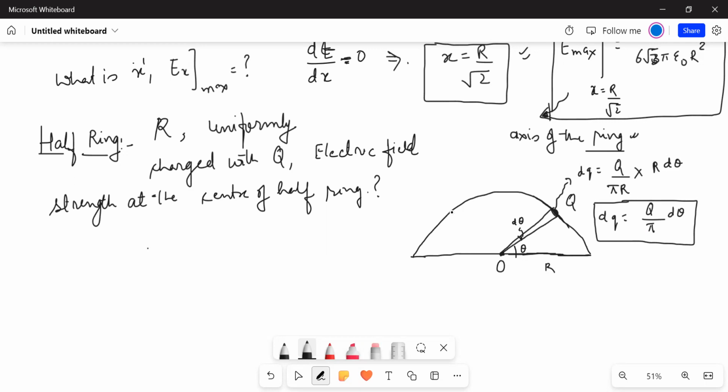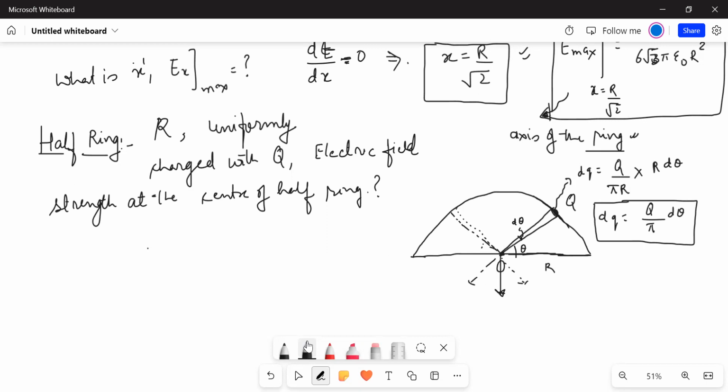Okay, good. So now, just for the sake of understanding, take another symmetrically situated element. If this is theta, and you take a symmetric consideration, you would see that the net electric field would be the vertical component, not the horizontal components, because the horizontal components would get cancelled. Only vertical components would survive.